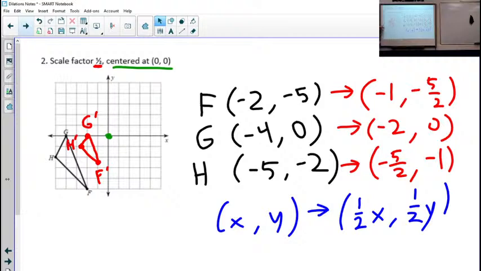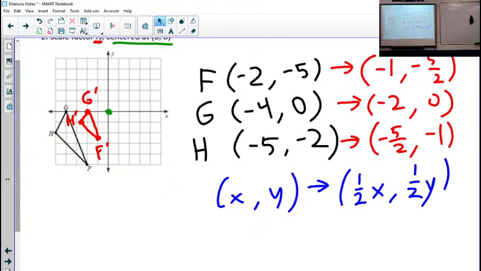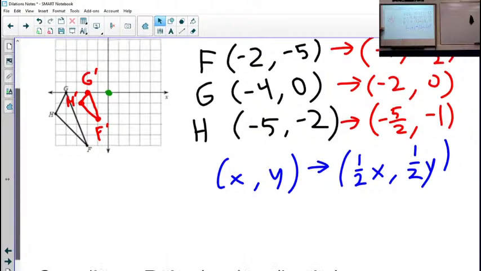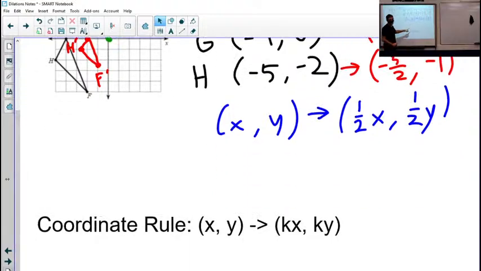At the bottom of your notes should be a place to say coordinate rule, x, y moves to kx, ky. That's at the very bottom of your notes. So kx, ky is the general coordinate rule. In other words, if you just want to do it off of the coordinates, then a valid rule is to take all the coordinates and multiply them by that scale factor. And that's all you need to do.